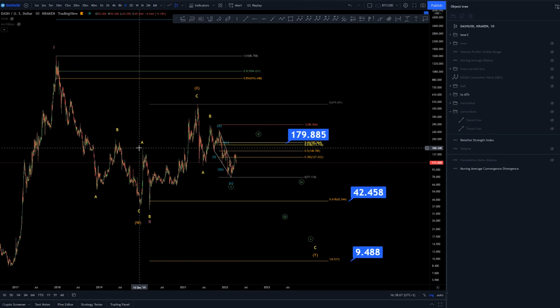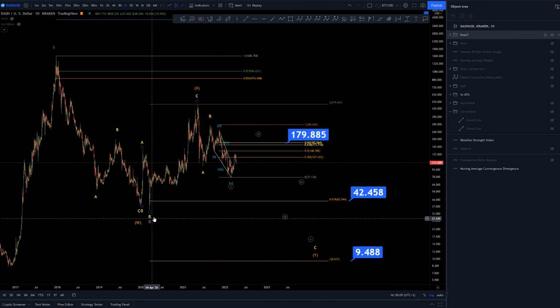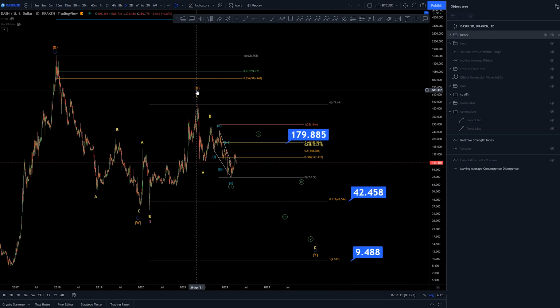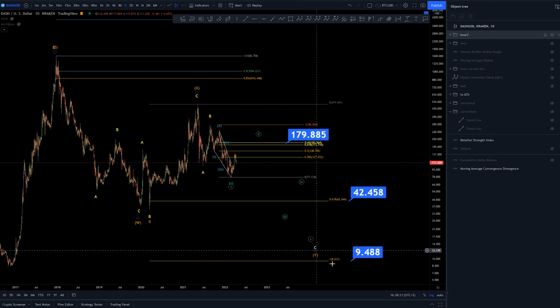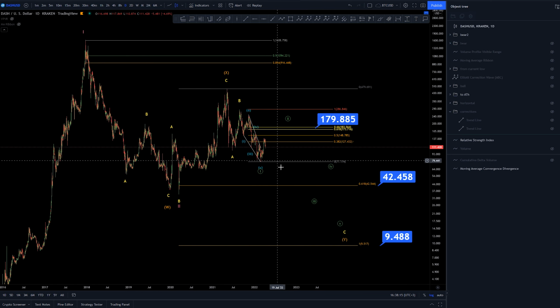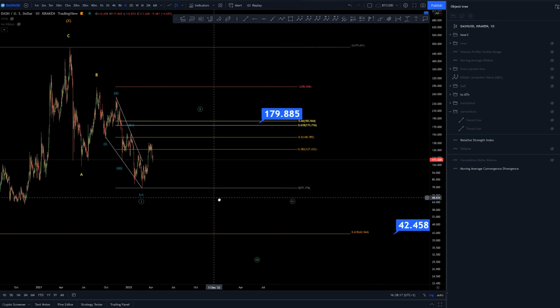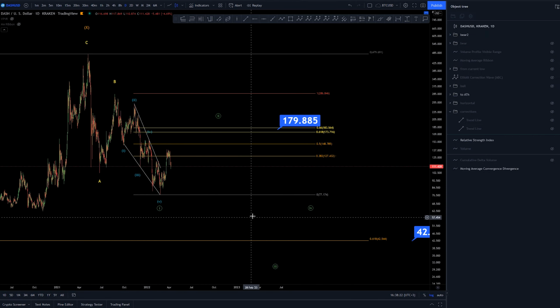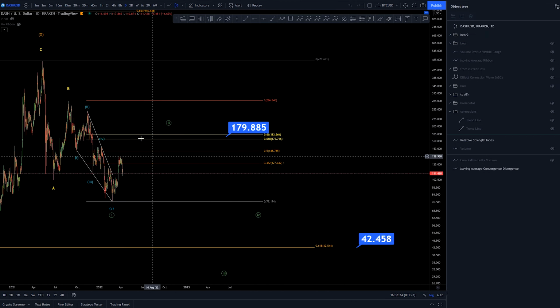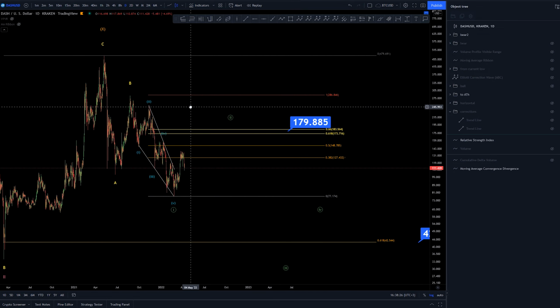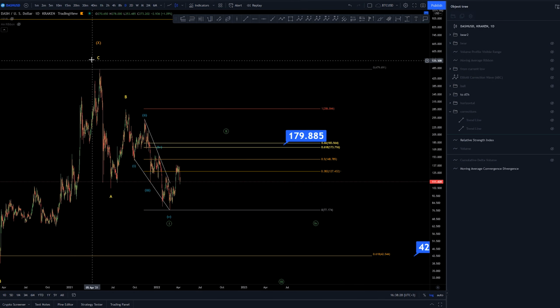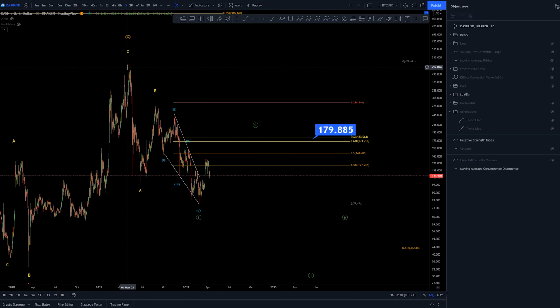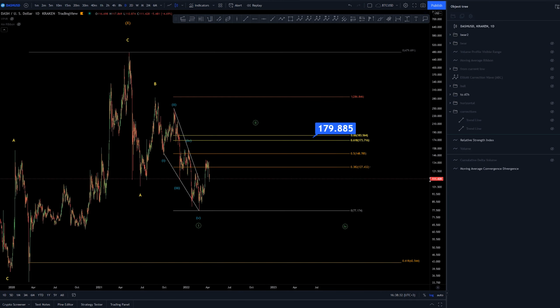Another possibility would be the same idea of having WX, and the Y wave being currently done is that we just created the AB, and we would be creating 5 waves down, and this whole structure would be a 535, which is a zigzag.